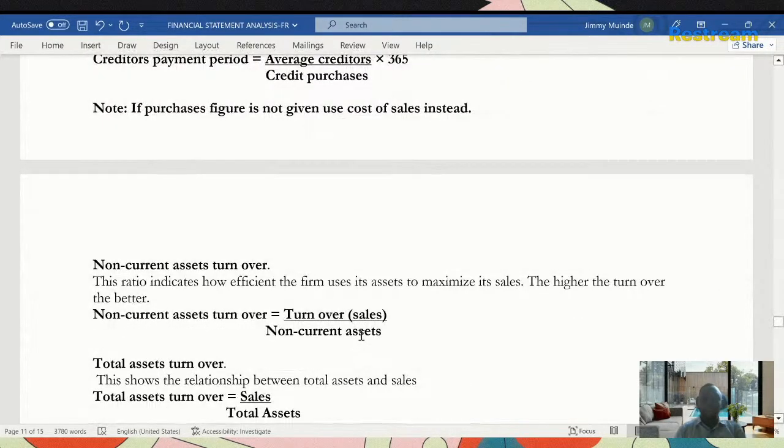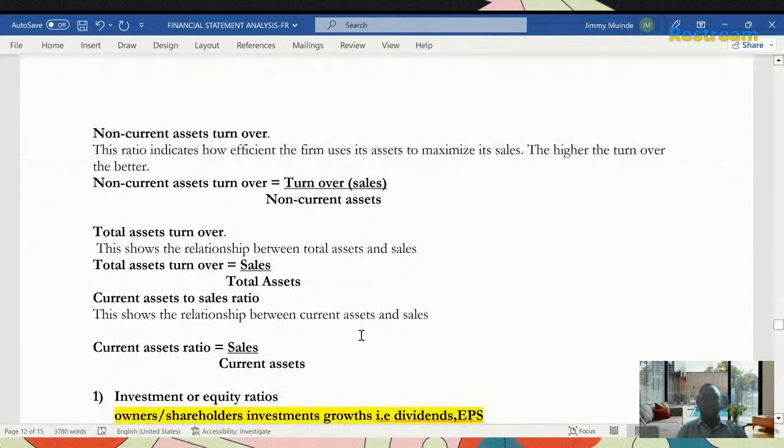And then we also have non-current assets turnover, where this indicates how efficiently the firm uses its assets to maximize its sales. Basically, it uses its non-current assets, which is given by the turnover, which are the sales divided by non-current assets. Then we have total assets turnover, which is given by sales divided by the total assets.